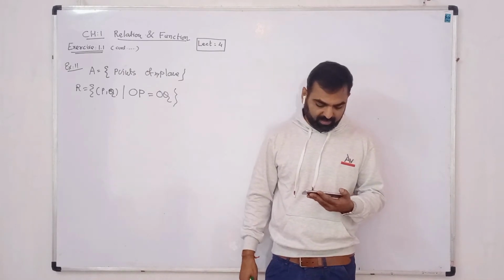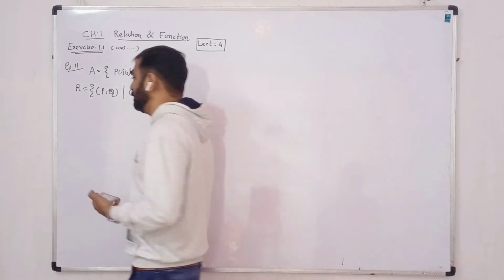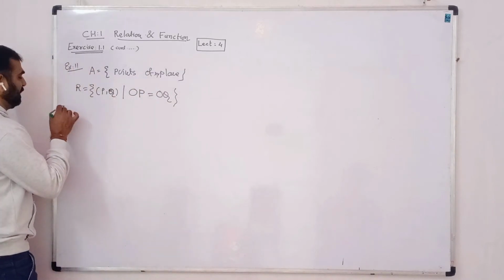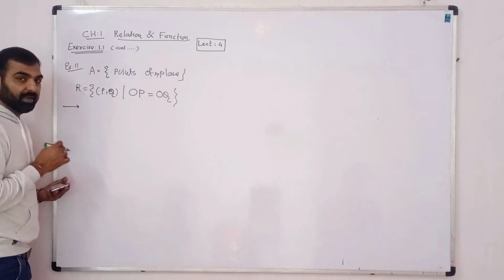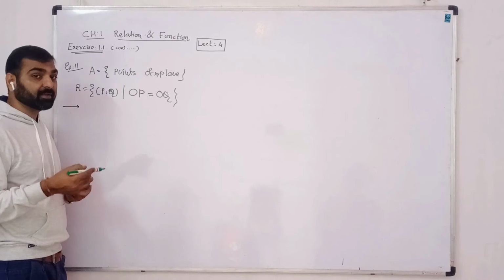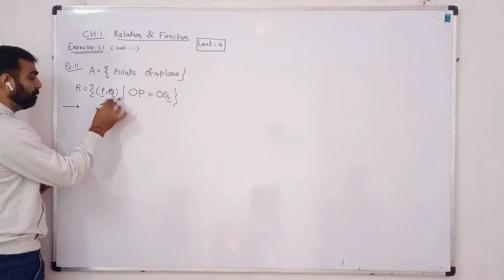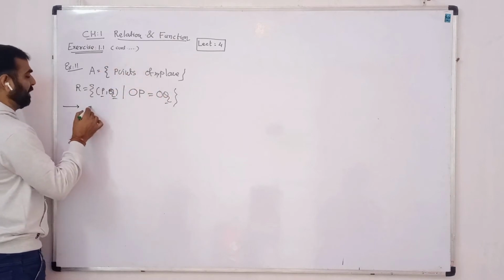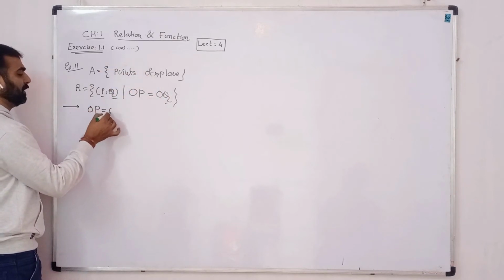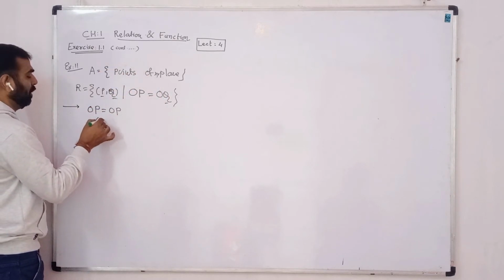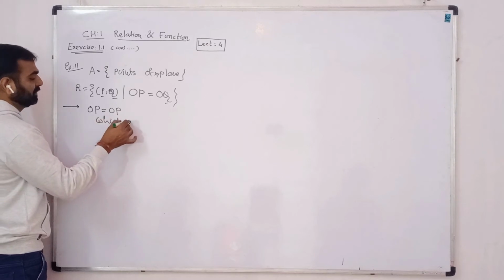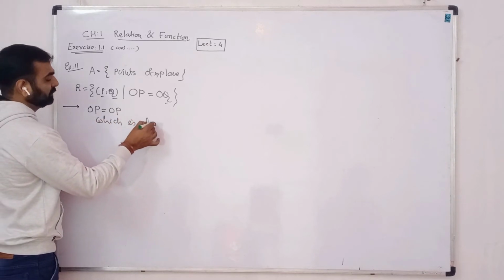Now we have to prove that it is an equivalence relation. For the equivalence relation, let me start with reflexive, symmetric and transitive. For reflexive, P and P: here Q is replaced by P, so OP is equal to OP, which is always true.